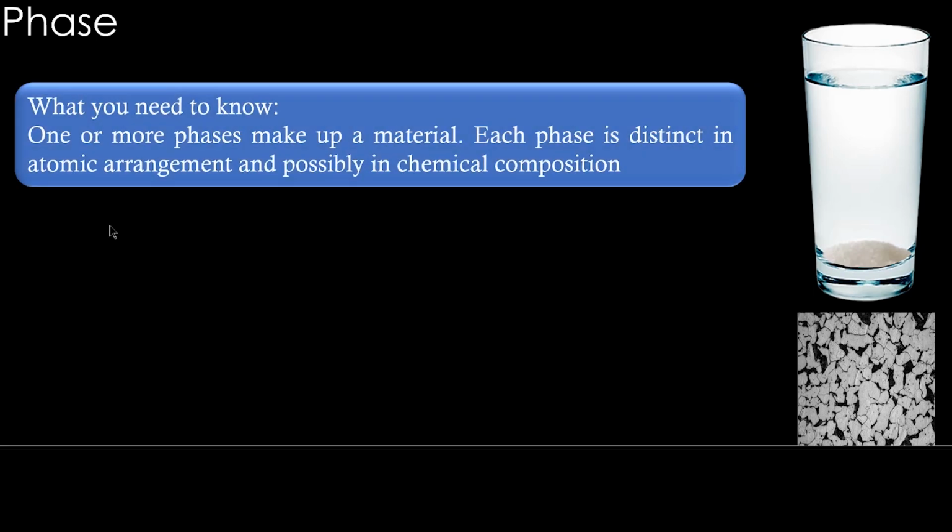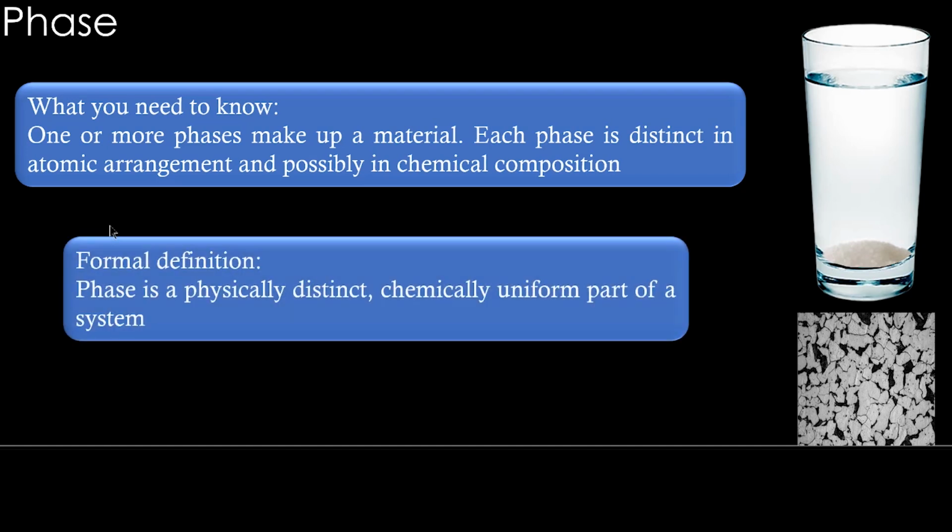What you need to know about phases is this: one or more phases make up a material. Each phase is distinct in atomic arrangement and possibly in chemical composition. The formal definition is this: a phase is a physically distinct and chemically uniform part of a system. Physically distinct, you can see that there are two phases.